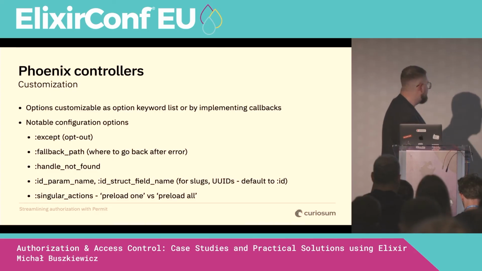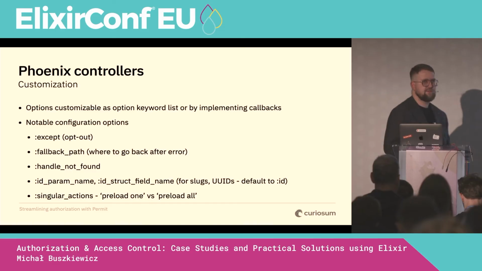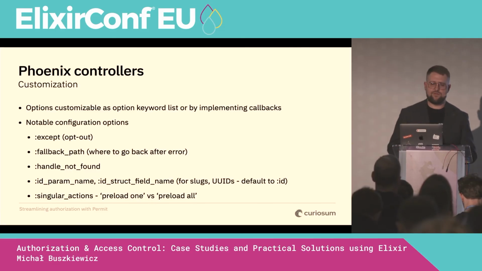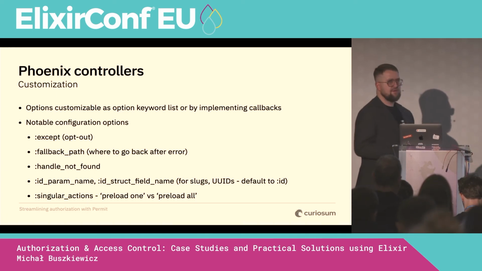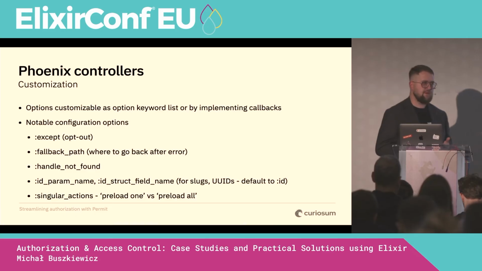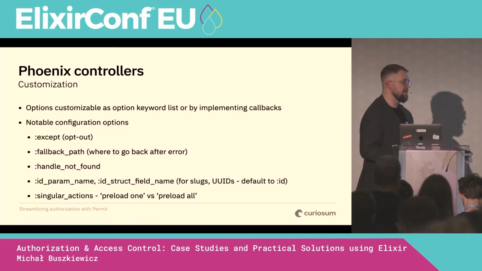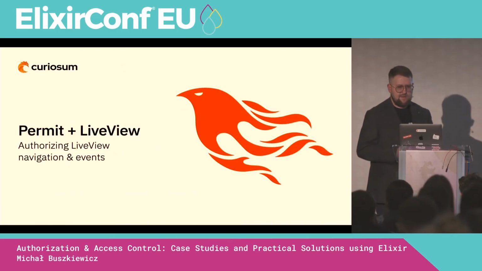Handle not found, which is also self-explanatory and works similarly. ID param name and ID struct field name if we use slugs or UUIDs as identifiers of the records in the routes. And also we can specify which actions are singular and which are plural. So obviously an index action is plural, and a show action would be singular.